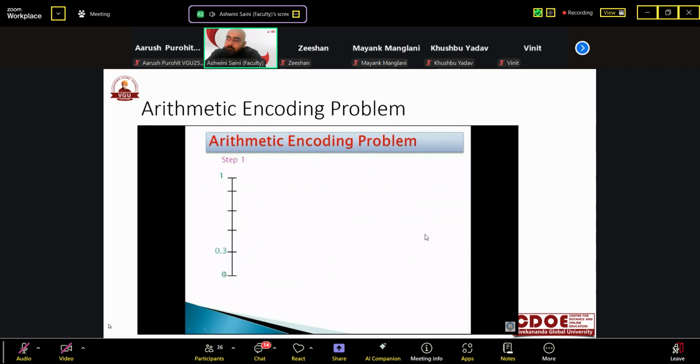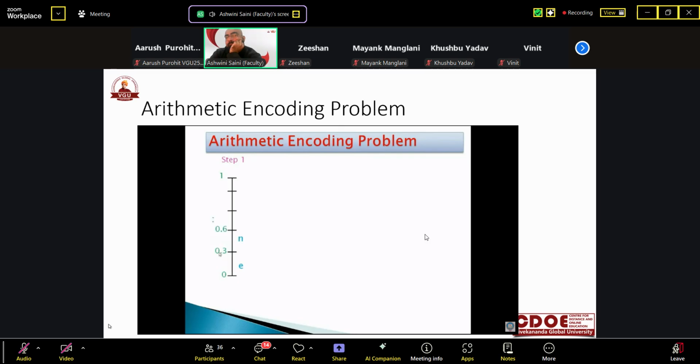Now allot the interval based on those probabilities. Look at the problem. The first symbol is E and the probability is 0.3. So 0 to 0.3 is the interval for E. The next probability is 0.3 and the respective symbol is N. So 0.3 plus 0.3 is 0.6. The next range, 0.3 to 0.6, is N.